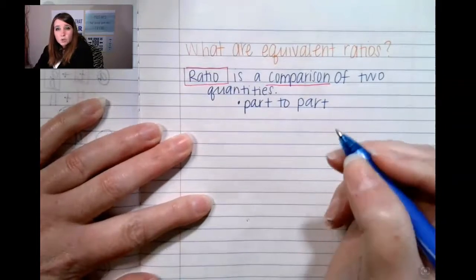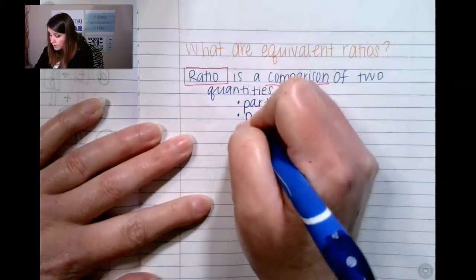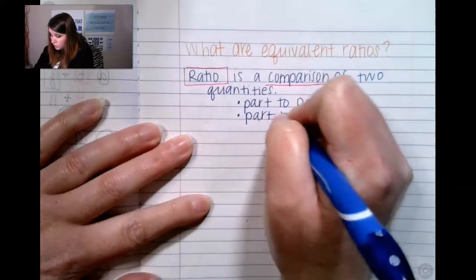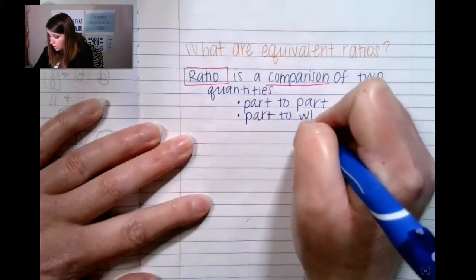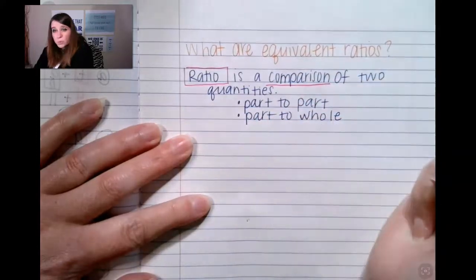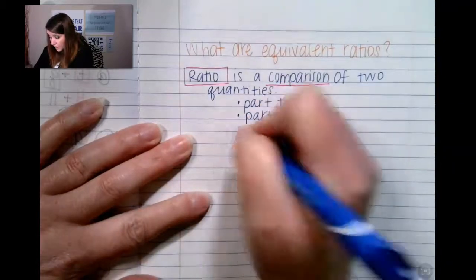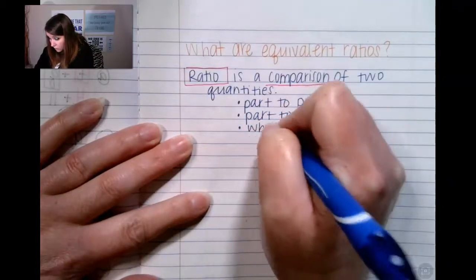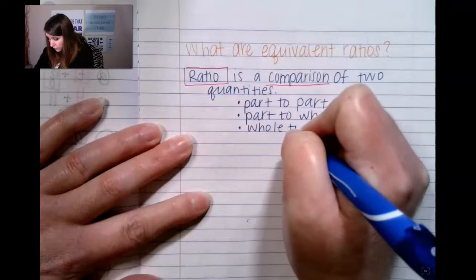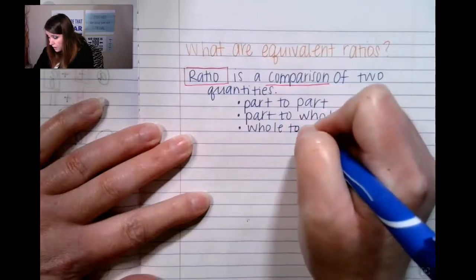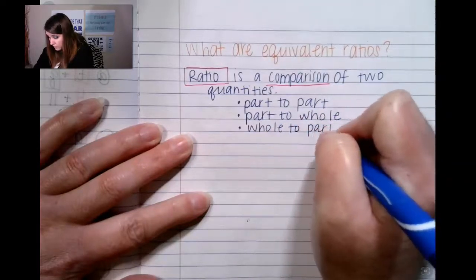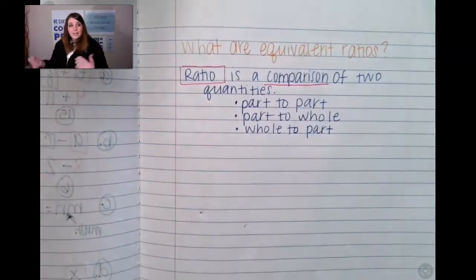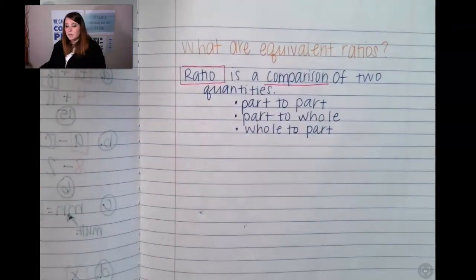You could do part to a whole, like the whole total, or you could compare the whole total to a part. Okay, so what exactly does this mean?